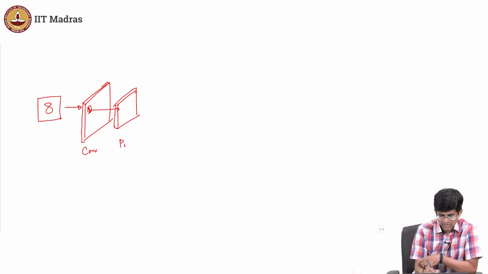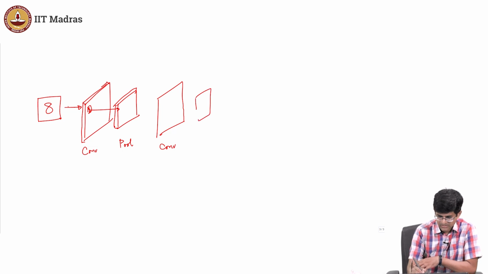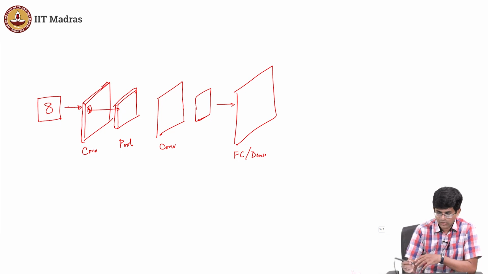This would use something called a pooling layer that reduces the size. Then I have another convolutional layer, again some pooling. Then I have something called a fully connected layer, and in the fully connected layer what happens is almost like a huge matrix product.